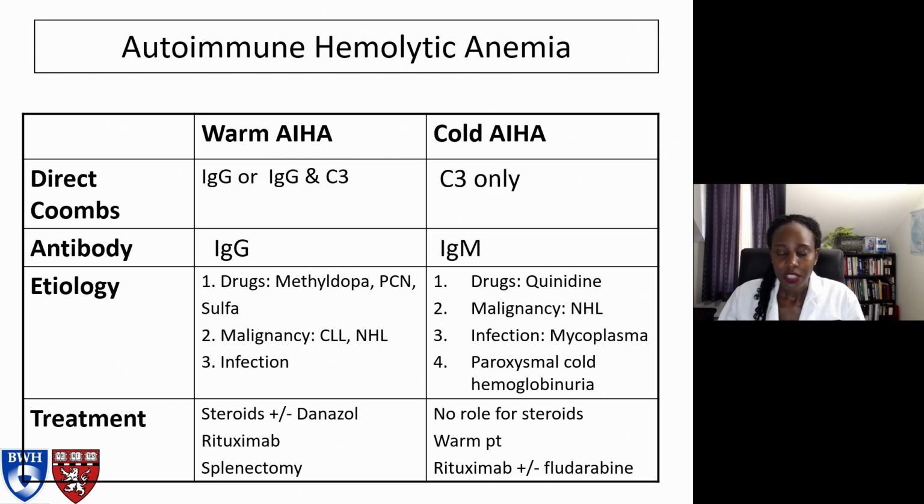So we differentiate these also by the direct Coombs for cold being complement only. As I said before, the antibody is IgM in cold as opposed to IgG in warm. The etiologies are somewhat different, and the treatment with steroids is only effective in warm autoimmune hemolytic anemia and not in cold.